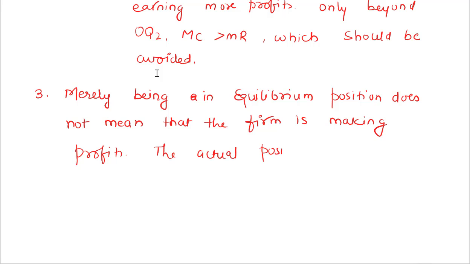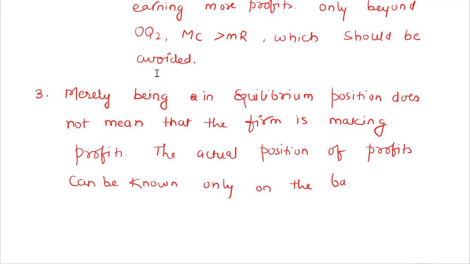The actual position of profits can be known only on the basis of AR, average revenue, and AC curves, average revenue and average cost.